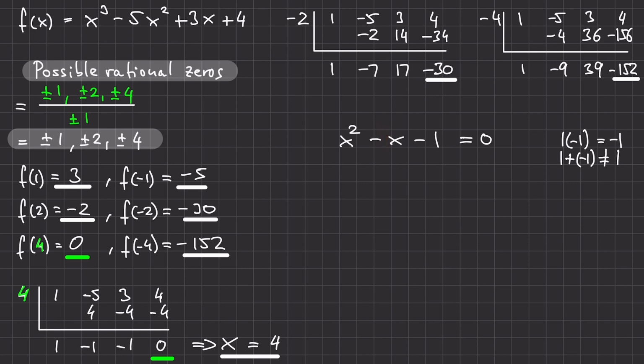So we are going to use the quadratic formula to find the zeros. Recall that the quadratic formula is x equals minus b plus or minus the square root of b squared minus 4ac over 2a.